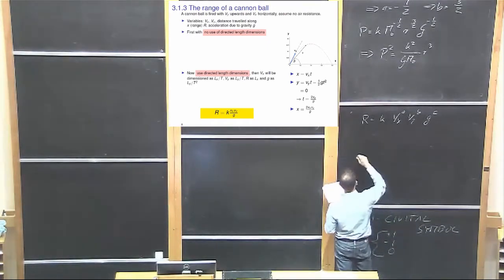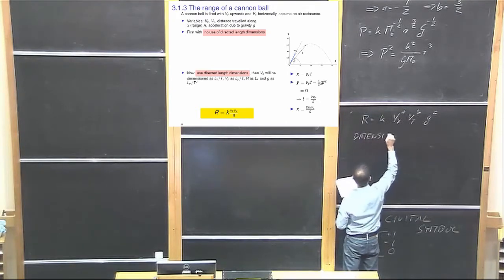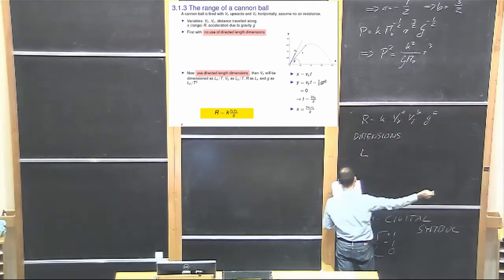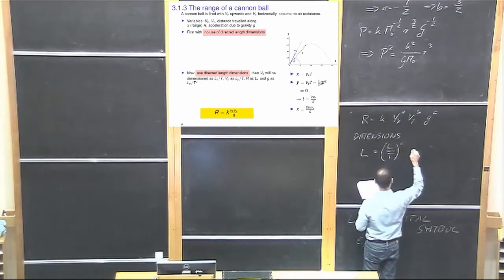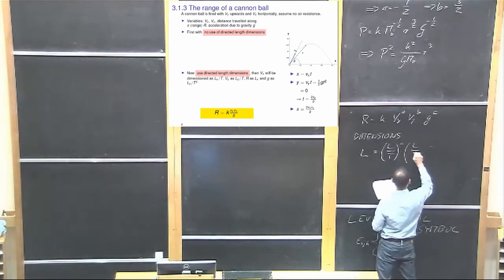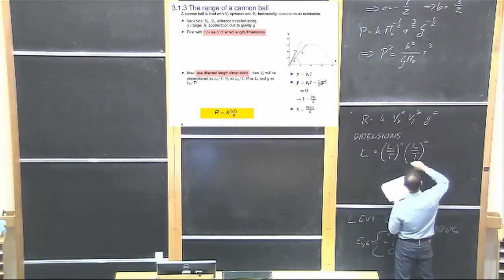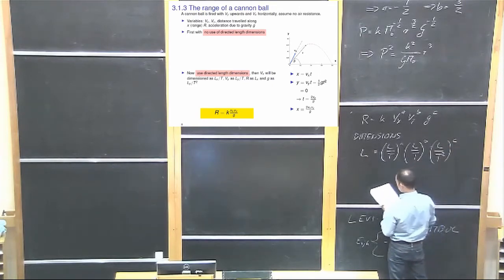And from the dimensionality, if we look at the dimensions, we get length, that's a range in x direction, equals L over T to the A, L over T to the B, and L over T squared, so that's the acceleration, to the C.